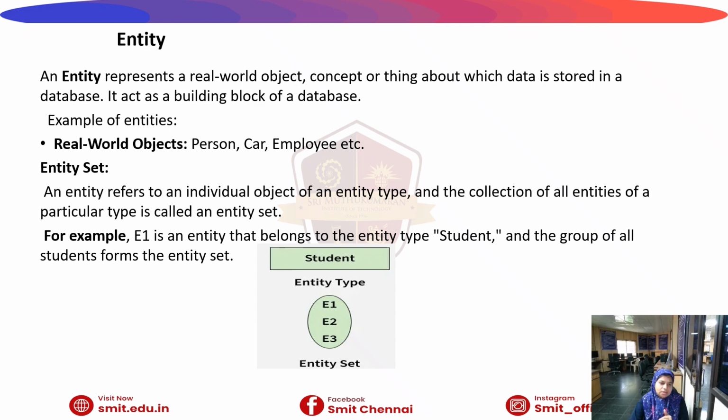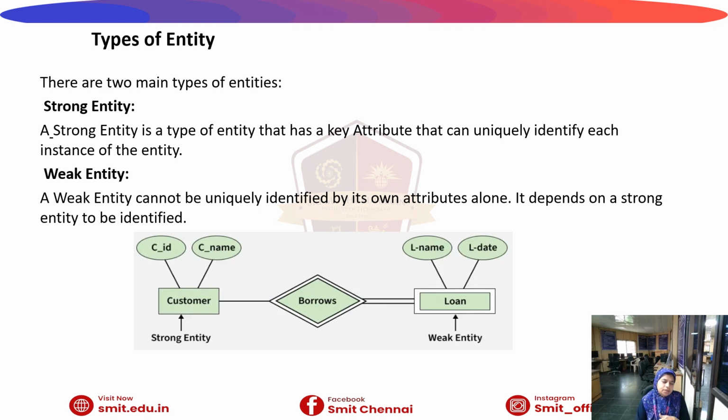Next are the types of entity. There are two important types: strong entity and weak entity. A strong entity has key attributes that uniquely identify each instance of the entity. A weak entity cannot be uniquely identified by its own attributes alone. It depends on a strong entity.